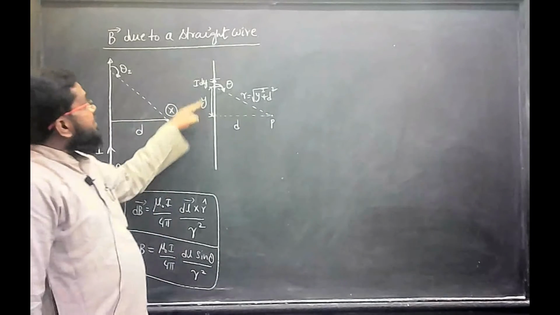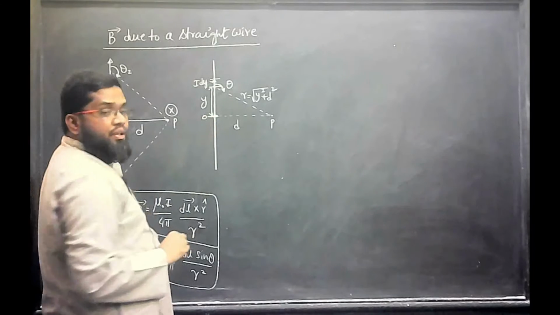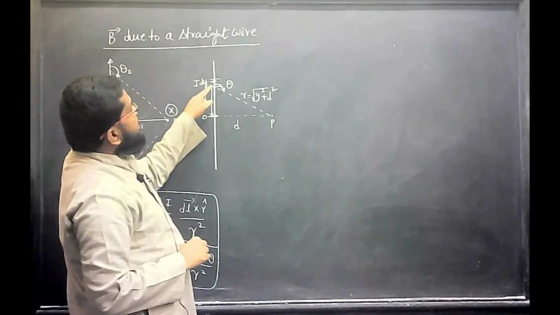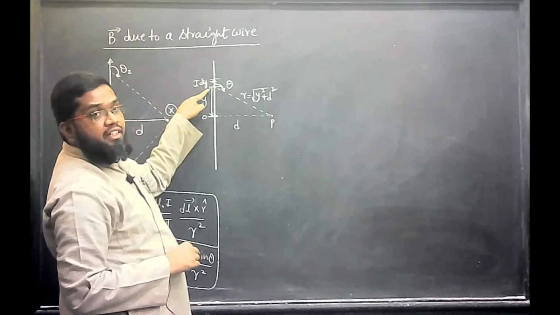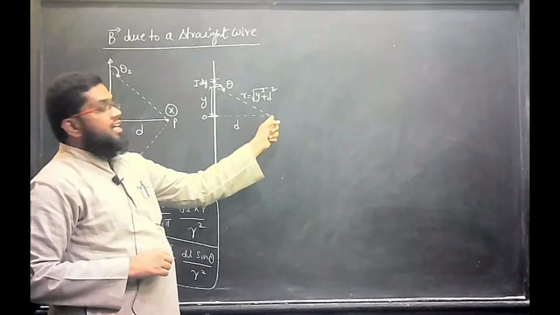At a distance y, you can take this as the reference origin, y equal to 0. I am taking a small element dy which carries the current in the upward direction, and this is the r vector, the position vector indicating the observation point.